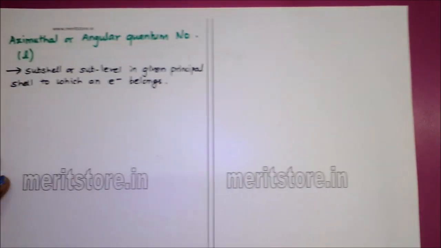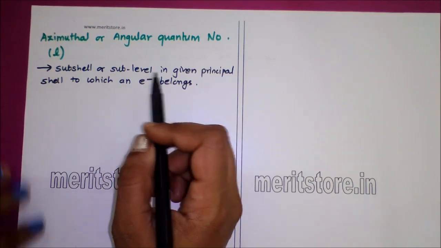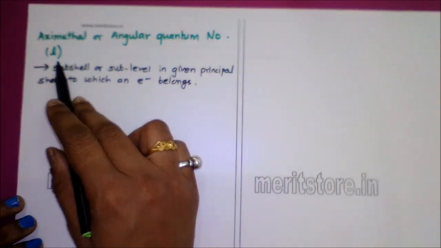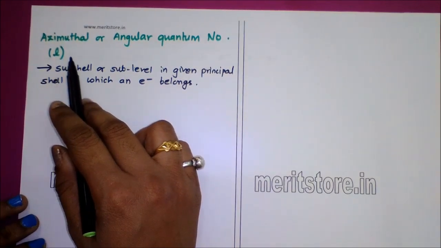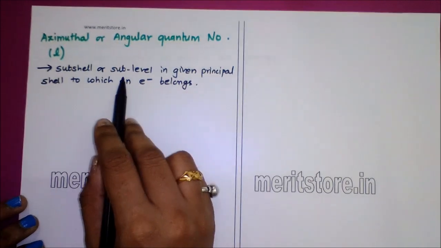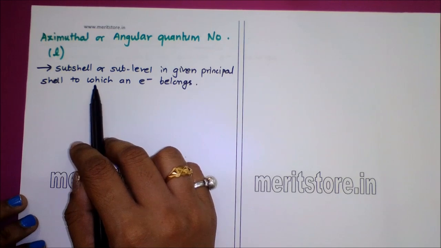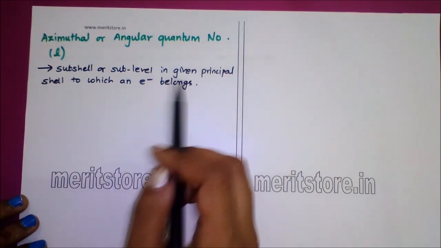The next quantum number is the azimuthal quantum number or the angular quantum number, which is denoted by symbol l. Now this l gives us idea about the angular momentum of the electron, and it determines the subshell or the sublevel of that particular principal shell in which the electron belongs.